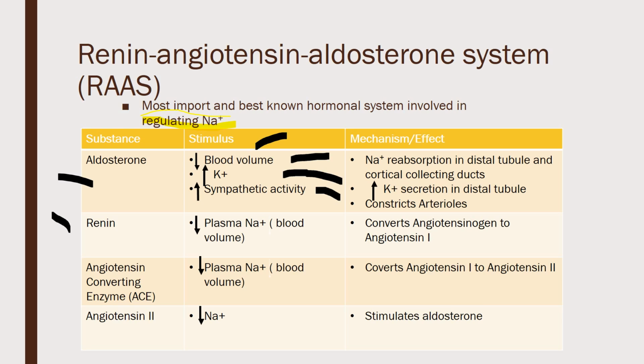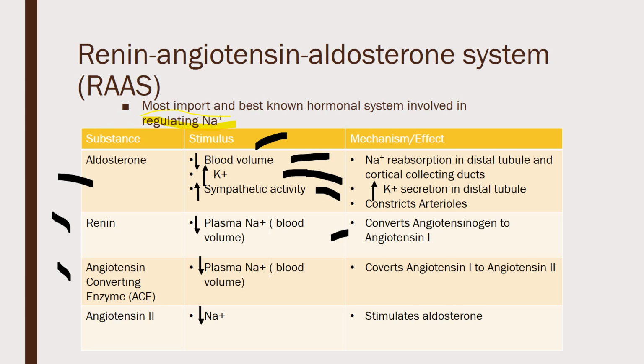Renin is going to be stimulated by a decrease in plasma sodium levels, mostly triggered by blood volume. The effect of renin is to convert angiotensinogen to angiotensin 1, so this is going to start that process.